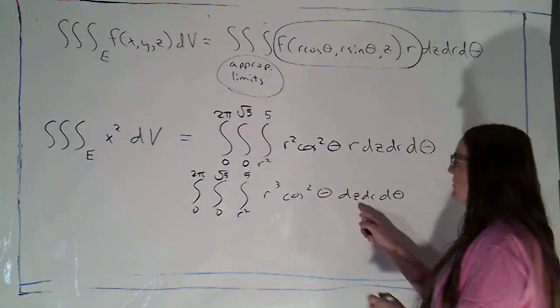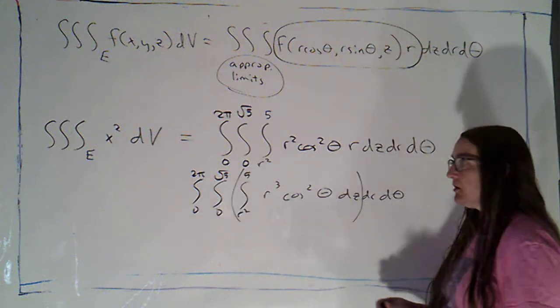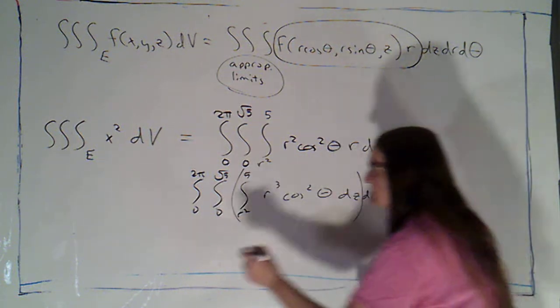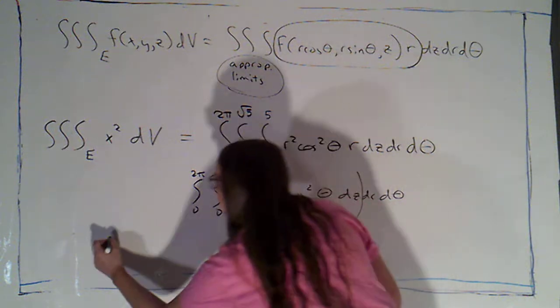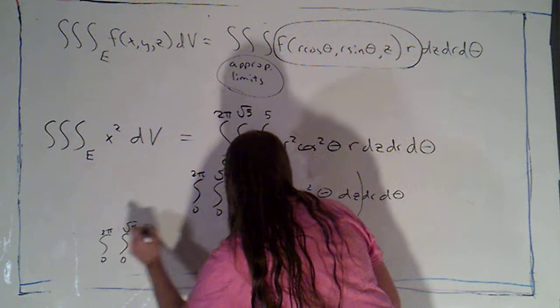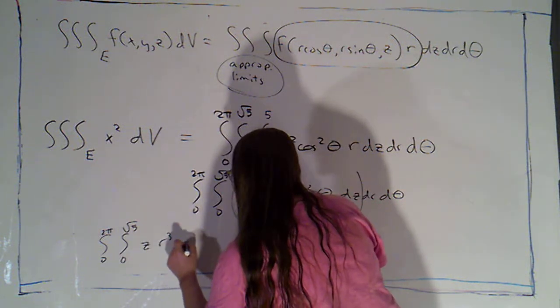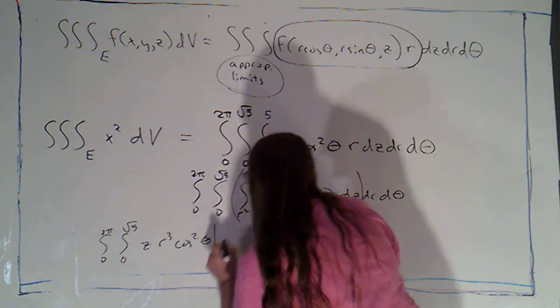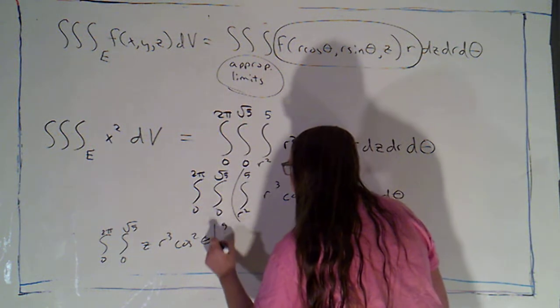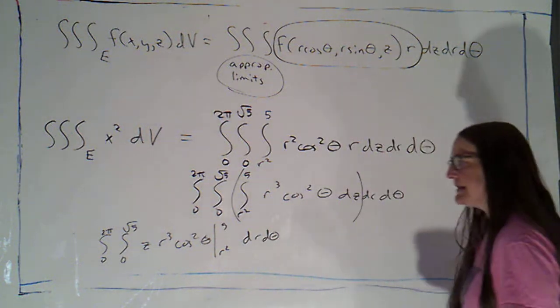So when I integrate with respect to z, an antiderivative here will just be all of that times z. So we'll have the integral from 0 to 2 pi, integral 0 to root 5. It's going to become z times r cubed cosine squared theta, evaluated between 5 and r squared, and then we still have to integrate dr and d theta.